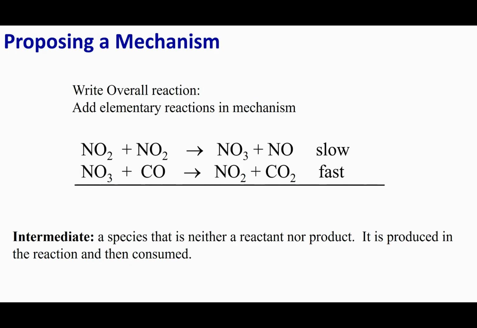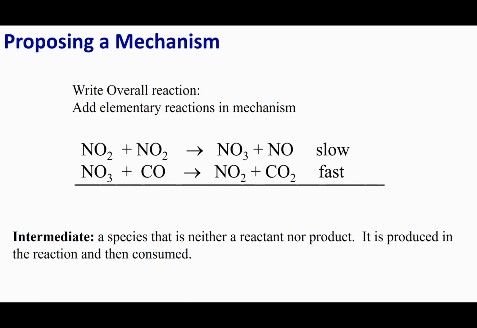One of the things that you have to do for a valid proposal is that if you add up all the elementary steps, they have to add up to the overall reaction. So here I'm going to propose a mechanism for you guys.